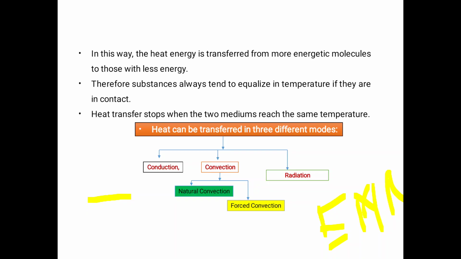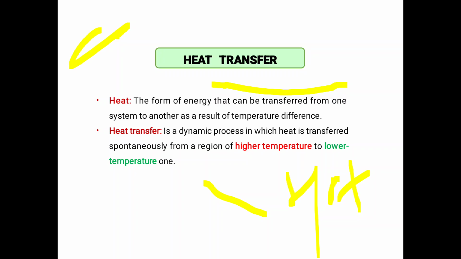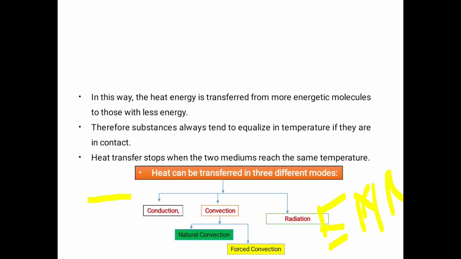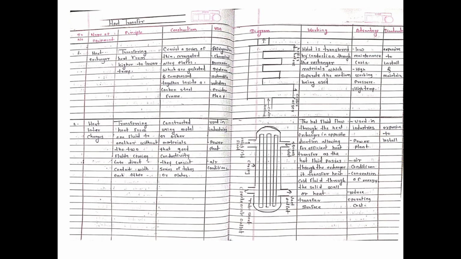So remember, in heat transfer, heat is transferred from higher temperature to lower temperature, not from lower temperature to higher temperature. Mechanism of heat transfer: conduction, convection and radiation. Equipment used in heat transfer: heat exchanger and heat interchanger.